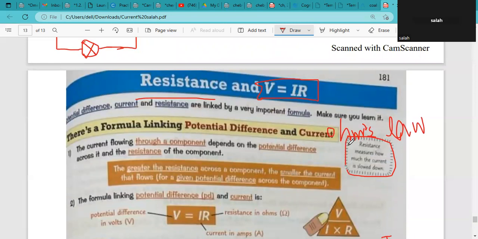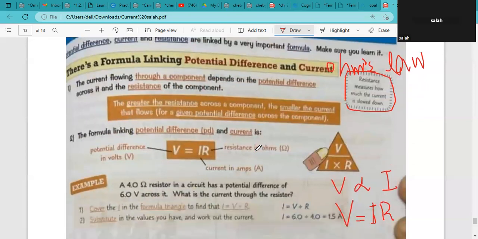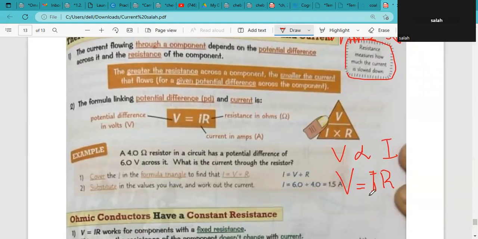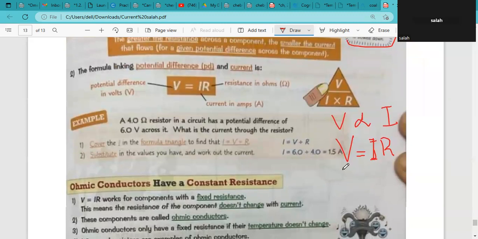Resistance measurement. It is the opposition to the flow of current. The more the resistance, the less will be the current, because it has an inverse relation. If I take I on the left side, it will look like this.